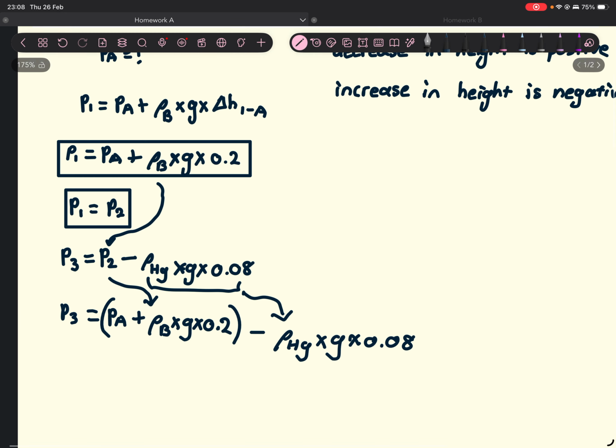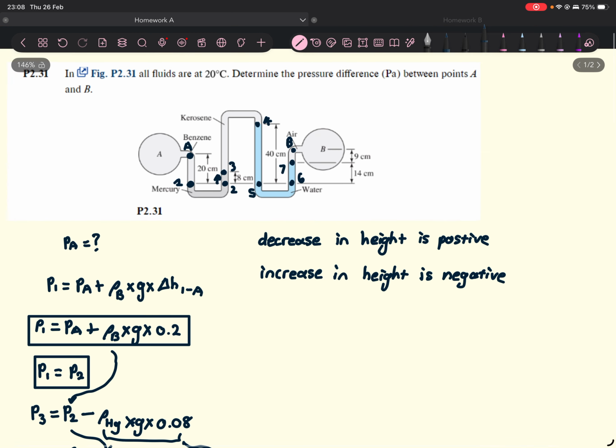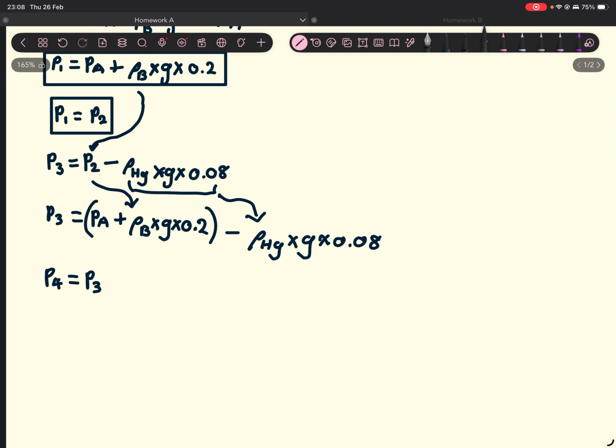So we want to calculate for P4 now, which is going to equal the pressure at our previous point, which is P3, and then it's either going to be plus or minus rho g h, and the height will be from 3 to 4, so from the previous point to the next.